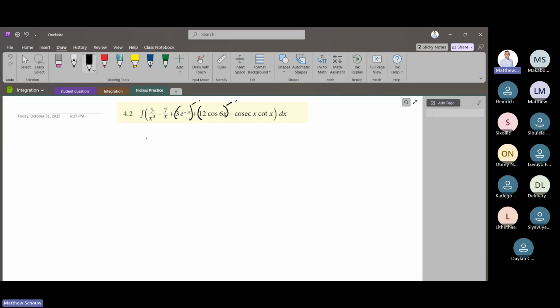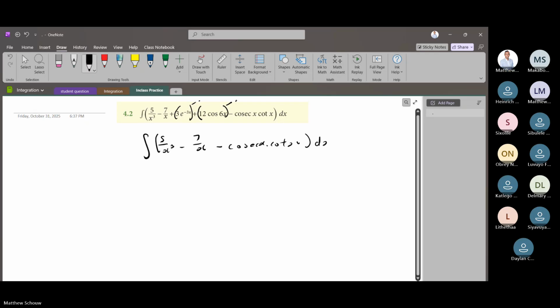Okay, let's assume the question just looks like this. Just like that. I'll add those two again, don't worry. So this one, take out the 5. In fact, let's just do it step by step. The 7 would be 1 over x. We know each one has the integration sign with the dx.